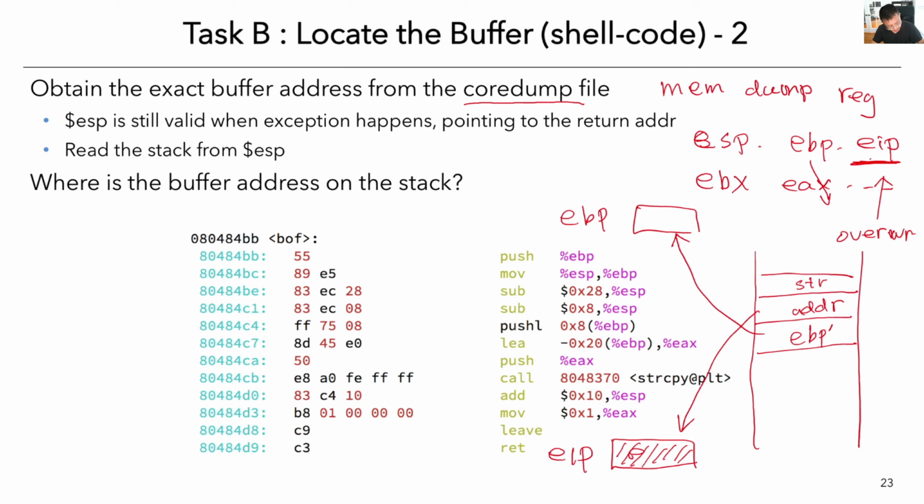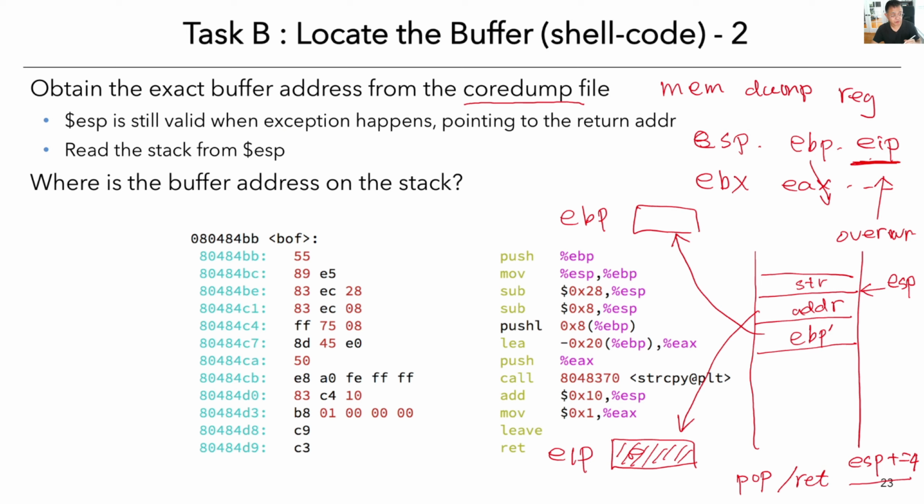But at the same time, your ESP actually always points to a valid location, because every time you pop or return, you add 4 to ESP.